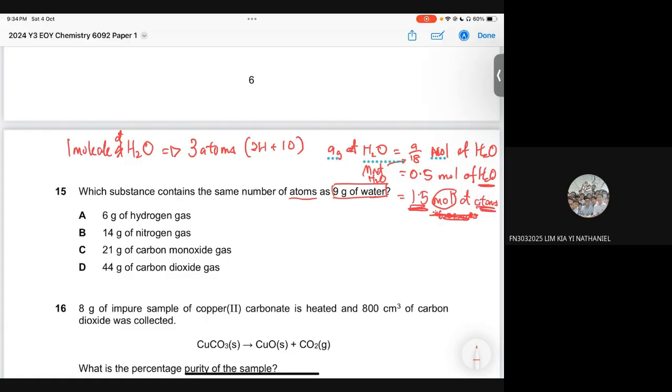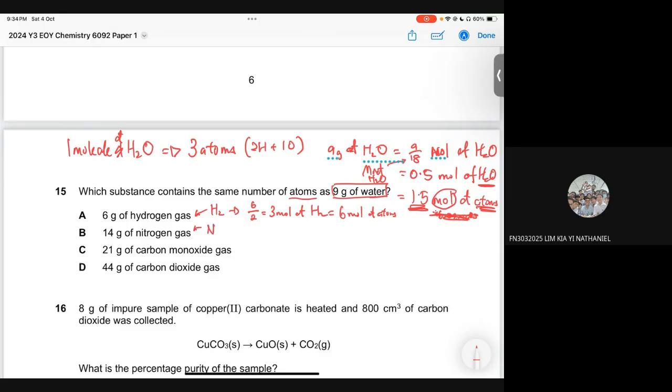Now let's look at 6 grams of hydrogen gas. Hydrogen gas is H2. So if I got 6 grams of hydrogen gas, I'll need to take 6 divided by 2. So I got 3 mole of H2, which means that this will actually be 6 mole of atoms. So obviously it's wrong. 14 grams of nitrogen gas.